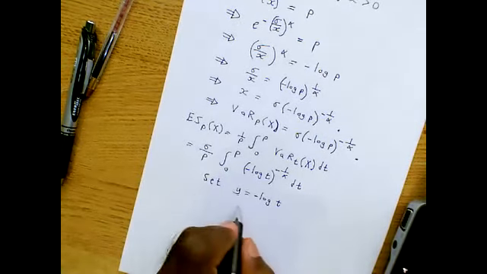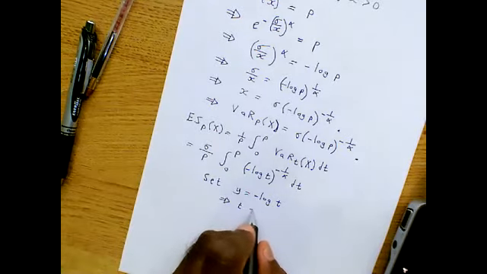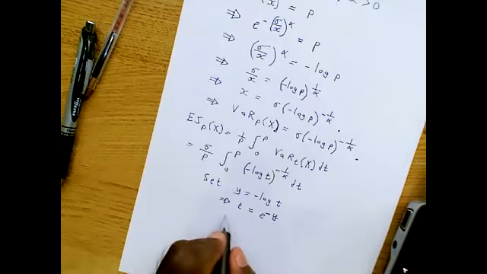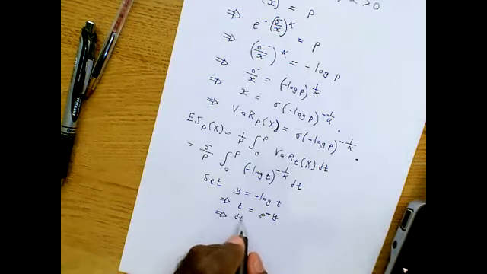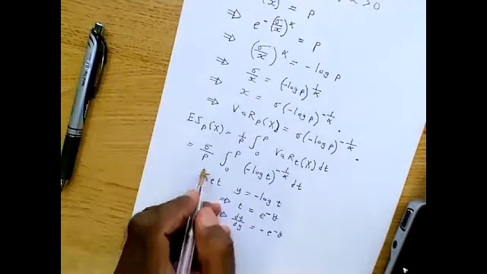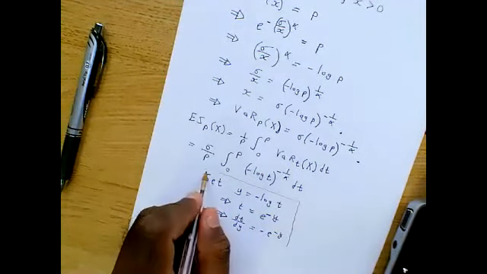Okay, so that implies that t is equal to e to the minus y, all right? So dt by dy is minus e to the minus y, right? So let me put this in a box as usual.